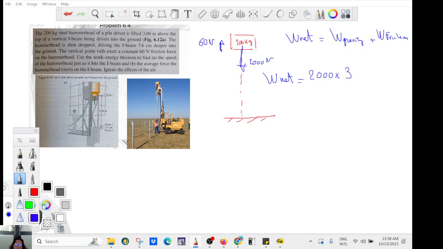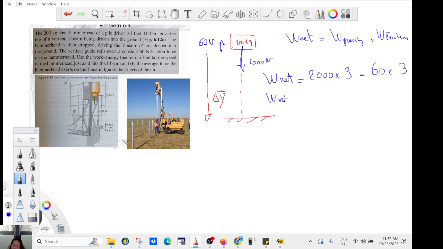That will be your displacement here. So it's doing positive work because it's making it accelerate. And then friction is doing negative work, so 60 times 3.